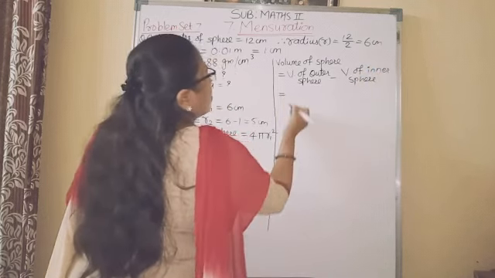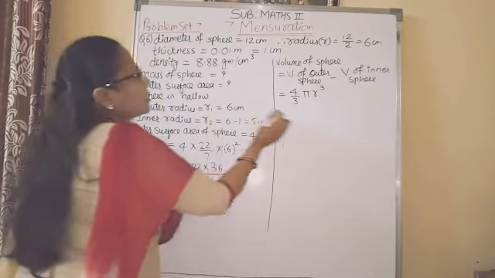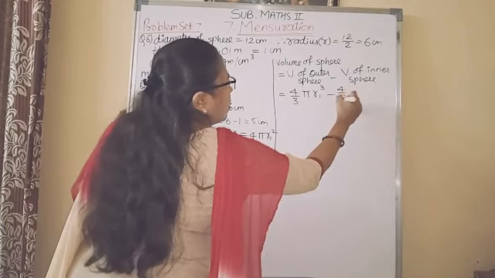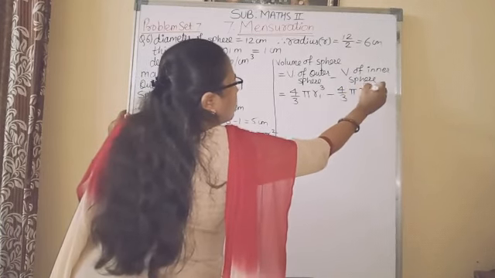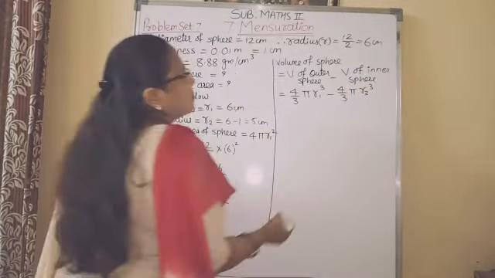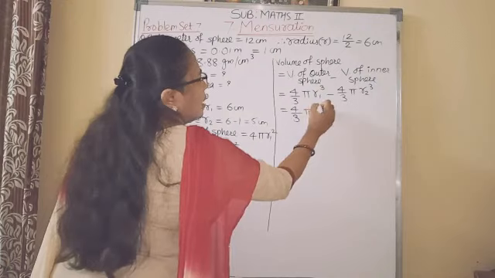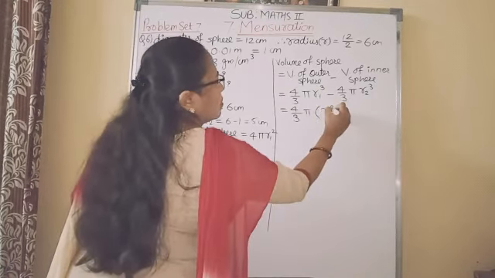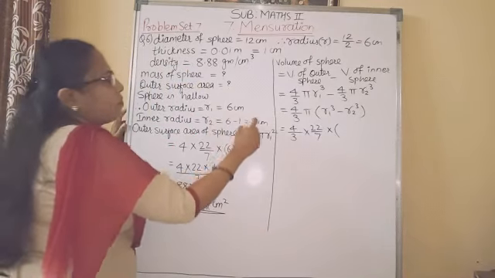Formula for volume of sphere is 4 upon 3 pi r cube. And here for outer sphere the radius is r1. So 4 upon 3 pi r1 cube minus 4 upon 3 pi r2 cube. Take 4 upon 3 pi common factor, and in bracket r1 cube minus r2 cube. So substitute values, 4 upon 3 into 22 upon 7 into r1 is 6 and r2 is 5.